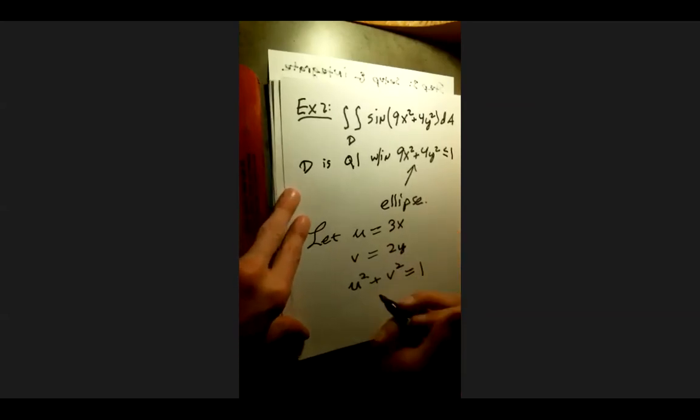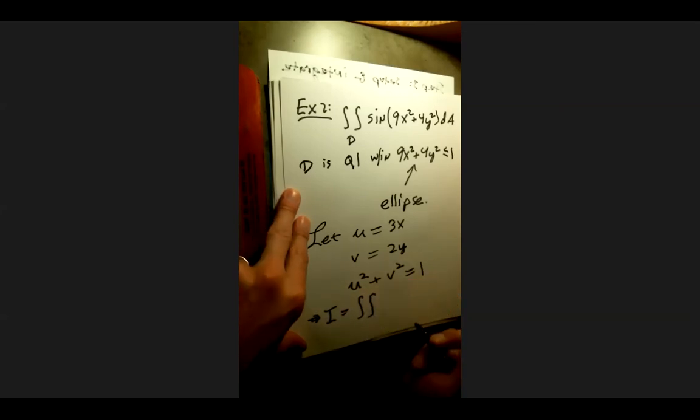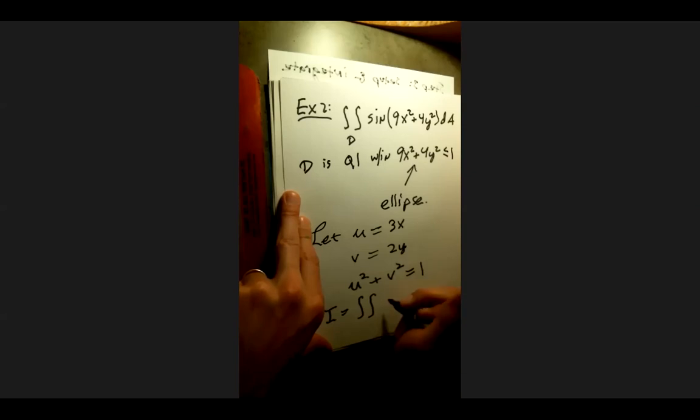And so now that integral will be the double integral over, the integrand is going to become sine of u squared plus v squared. That part looks good.